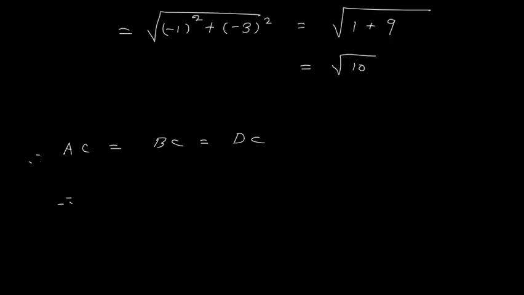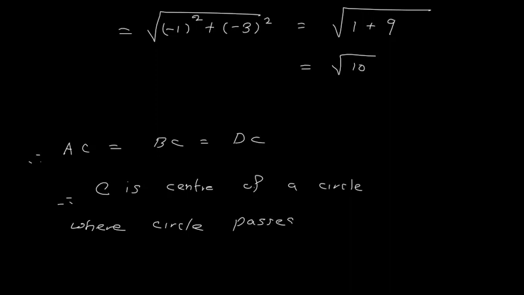So therefore I will say that C is the center of the circle, where the circle passes through A, B and D. Also, the radius.